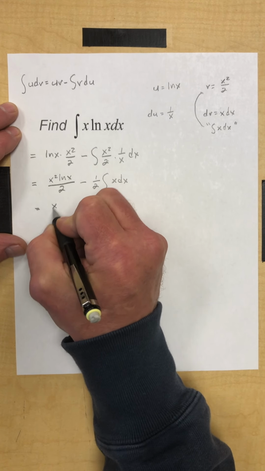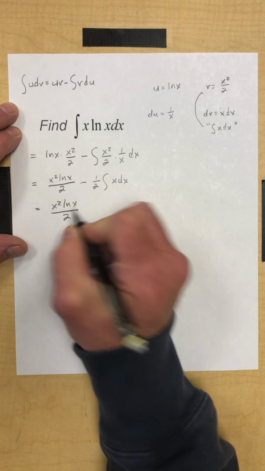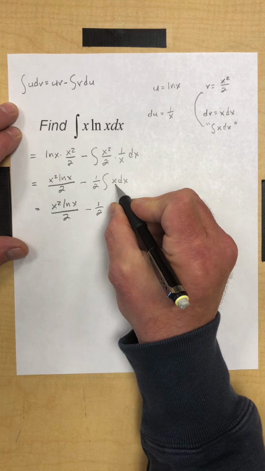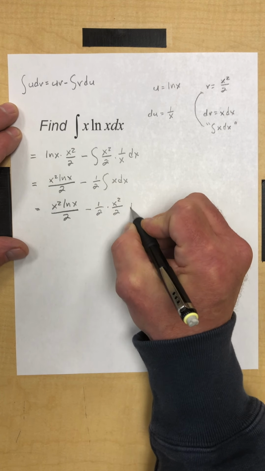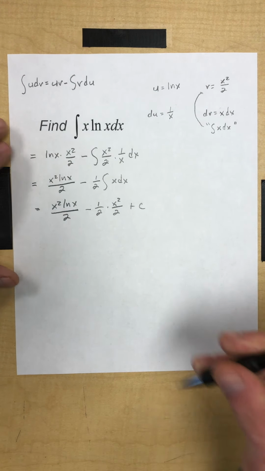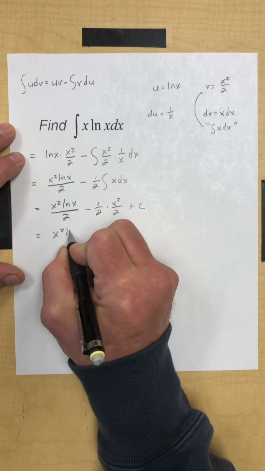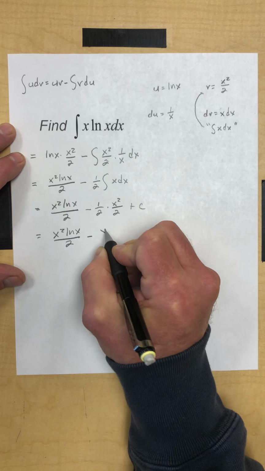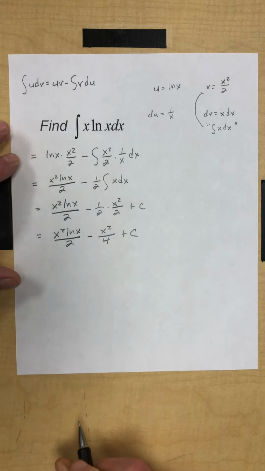So we get X squared natural log of X all over 2, minus that 1/2, and when I integrate this guy, I'm going to get X squared over 2 plus my constant of integration. So simplifying, I'm going to get X squared natural log of X over 2 minus X squared over 4 plus C.